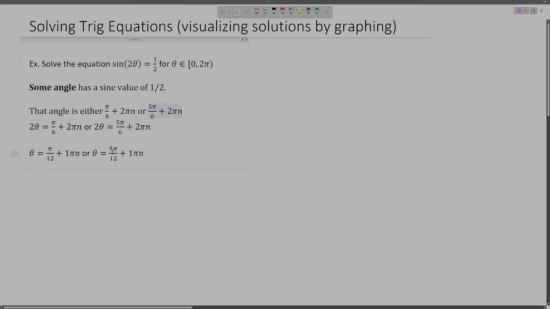However, we're not dealing with those angles anymore, and we're also not revolving every 2 pi when we divide everything by 2. We are now starting off at pi over 12 and then going forward only 180 degrees, or 1 pi. Let me make a little table real quick.